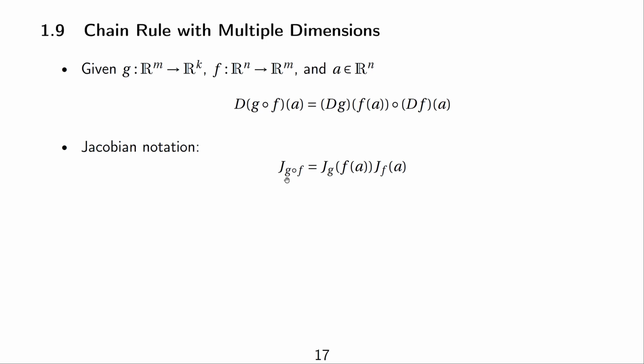Also, just for completeness, I kind of found this and liked it. So we have this Jacobian notation. The Jacobian of G ring F is the Jacobian of G evaluated at f of A times the Jacobian of f at A. And the Jacobian is basically the derivative in the case where we have a function with multiple inputs and multiple outputs.